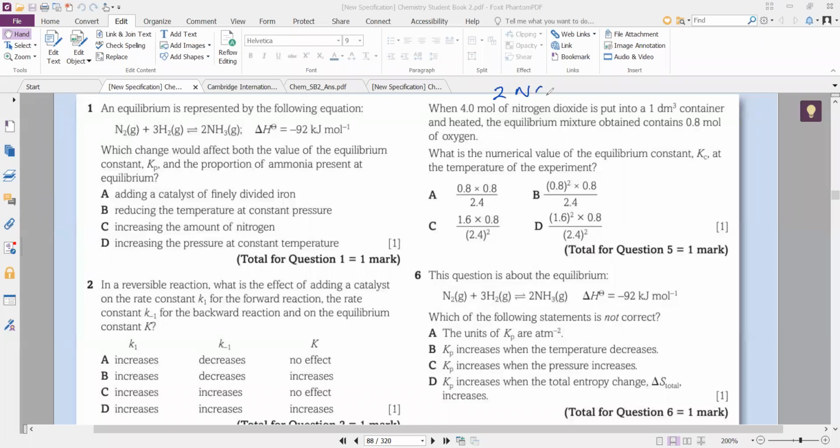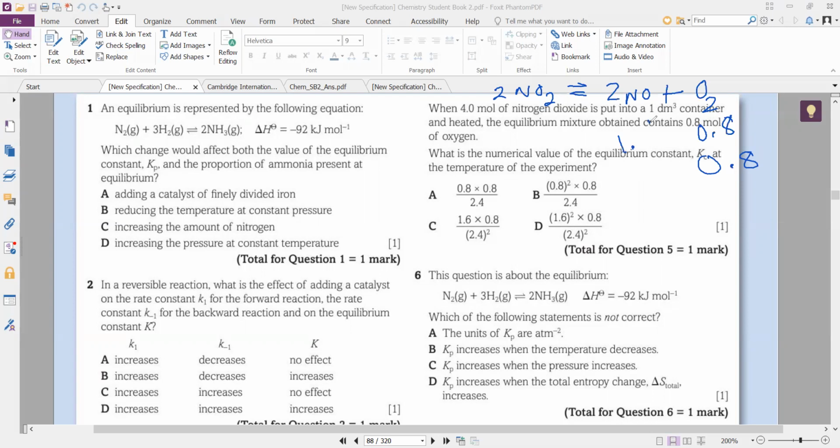Equation for this one is 2NO2 divided by. Okay, 4 mole of nitrogen monoxide put into the container, and the equilibrium mixture contains 0.8 of oxygen. That means only 0.8 has formed.